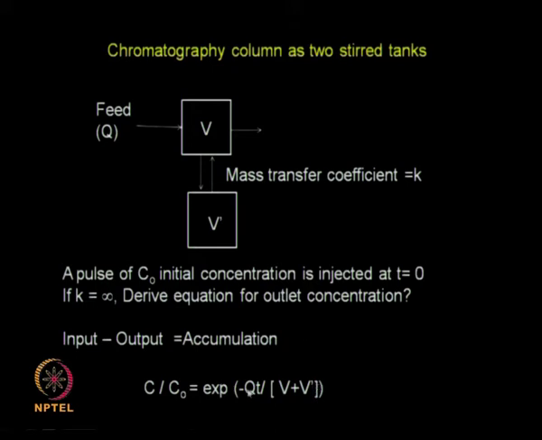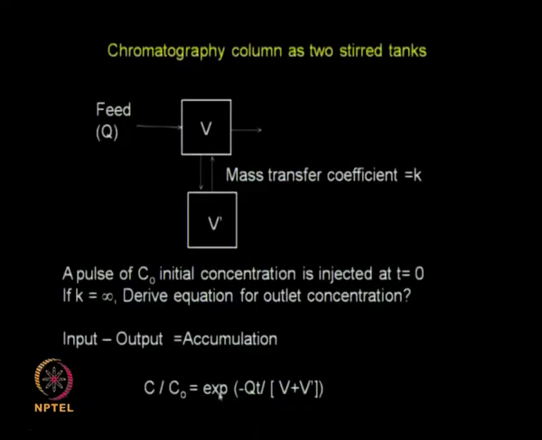Please note in the previous problem we had C by C0 equal to exponent of minus Qt by V, whereas here, because there is absolutely no mass transfer resistance, we can treat the two tanks as one single tank of volume V plus V dash. So C by C0 equals exponent of minus Qt by (V plus V dash).